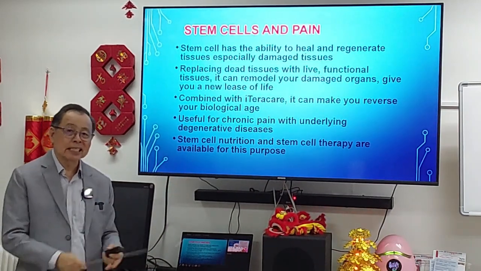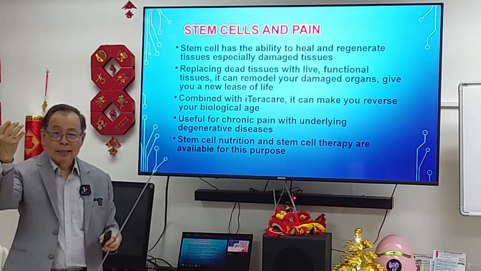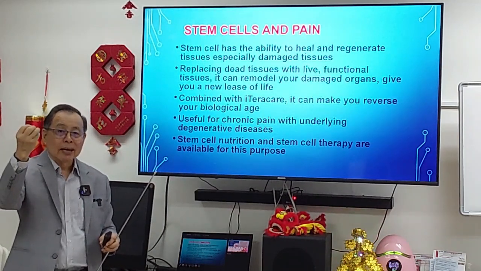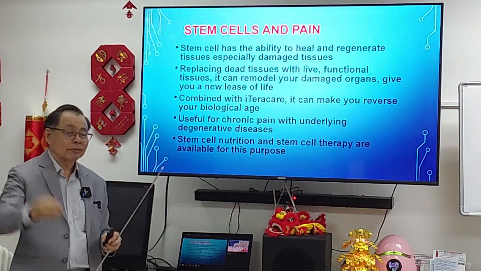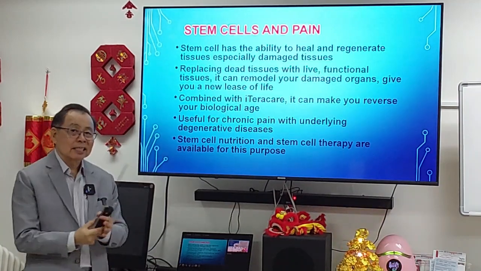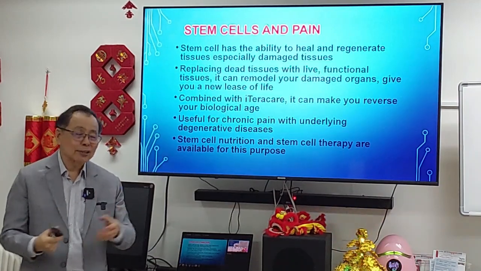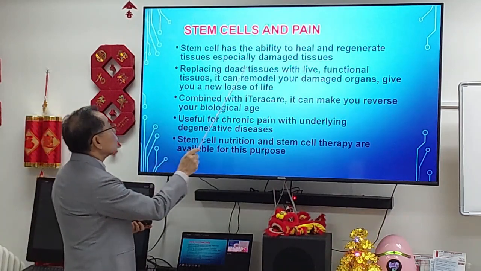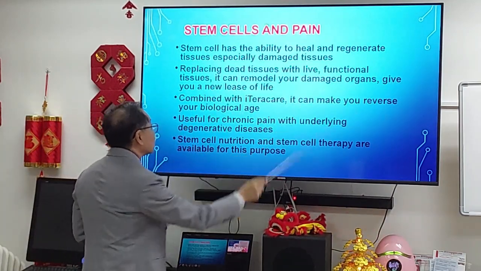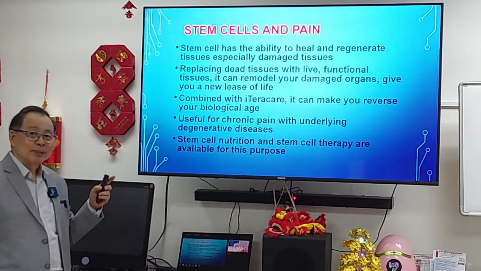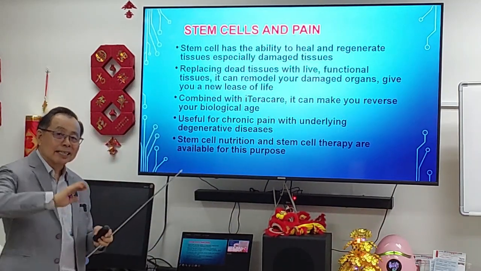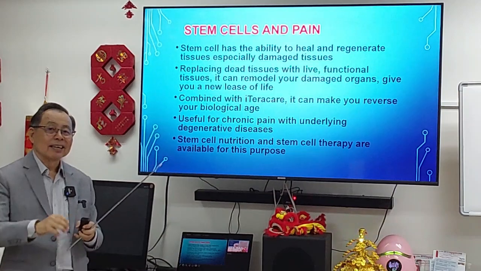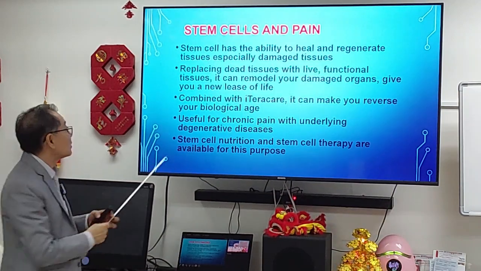Like Parkinson's disease, you can replace the dead neurons with fresh neurons that don't have the condition. Heart disease, the scar tissue can be replaced by heart muscle, and so on. So it can remodel your damaged organs. I like this word, remodel. It means that it can give you a new heart, a new nervous system.